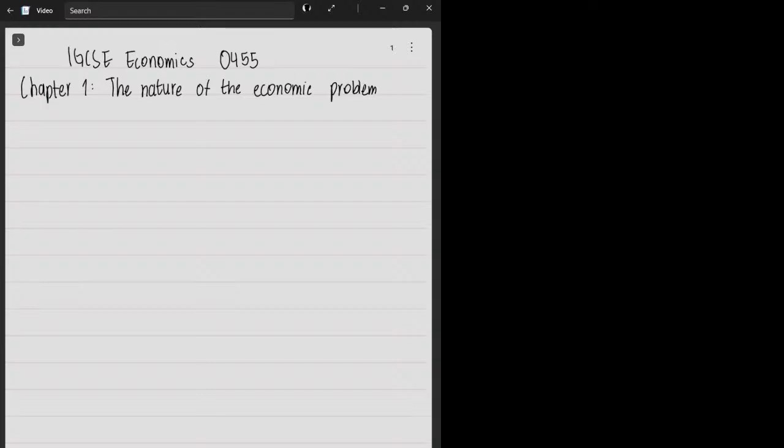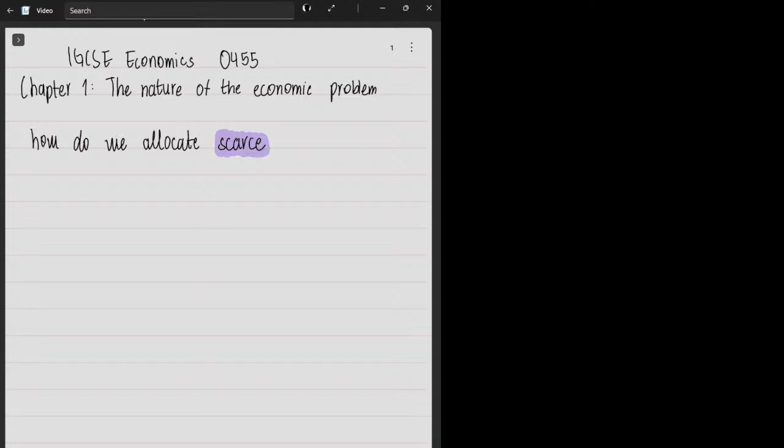So over here we're looking at how do we allocate scarce resources. Okay, let's even highlight scarce because this is the main word here.